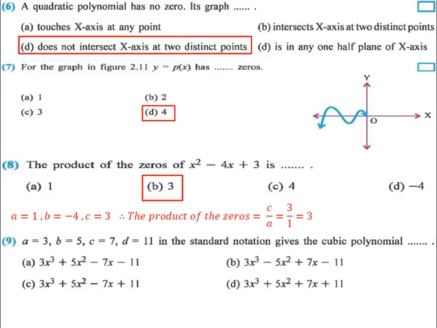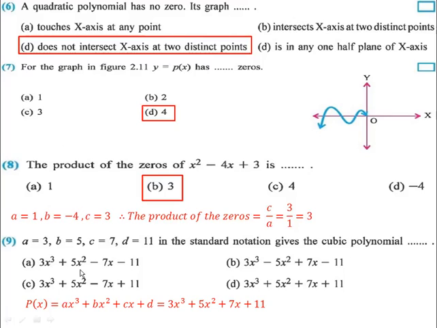Question 9. A is equal to 3, b is equal to 5, c is equal to 7, d is equal to 11. In the standard notation, this gives the cubic polynomial. The standard form of a cubic polynomial is p of x is equal to ax cube plus bx square plus cx plus d, which is equal to 3x cube plus 5x square plus 7x plus 11.